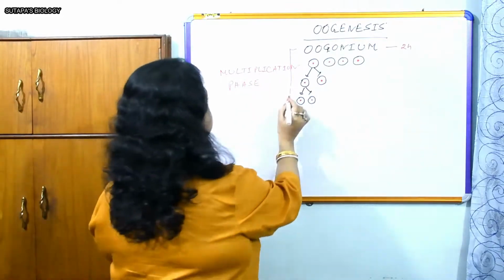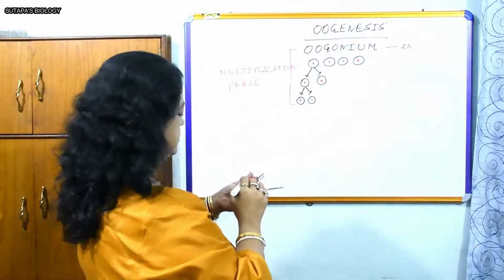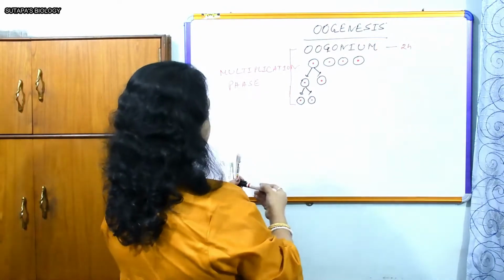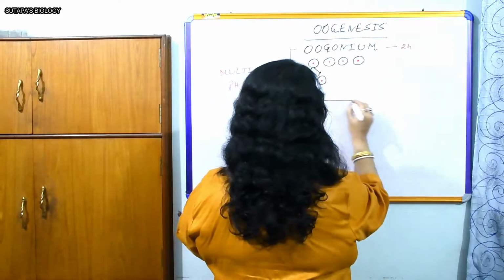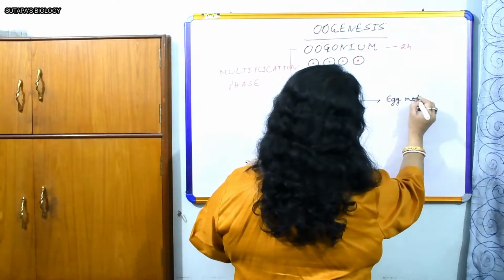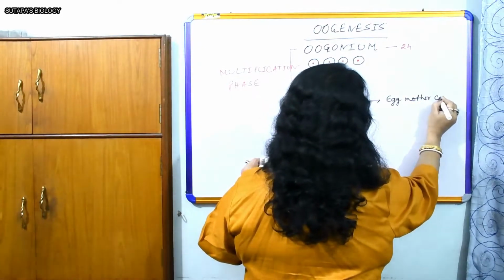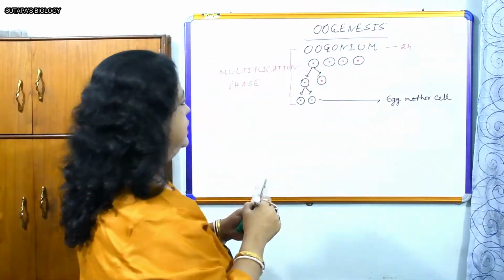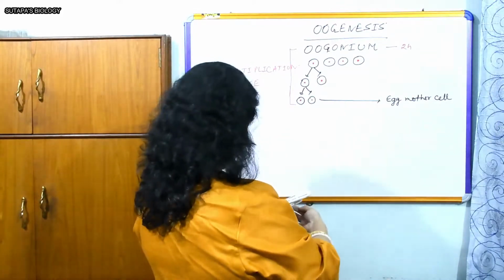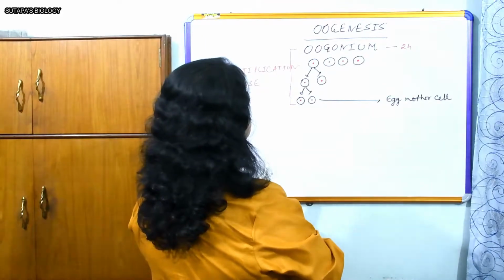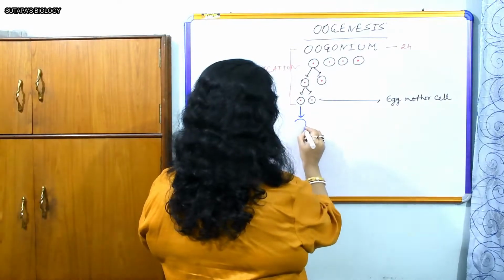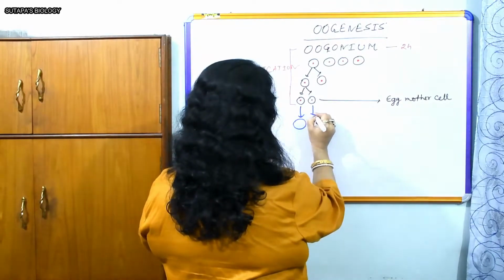Next, starting from the twin oogonium or egg mother cell, the next will be the primary oocyte. It will increase in size in the growth phase and will form the primary oocyte.